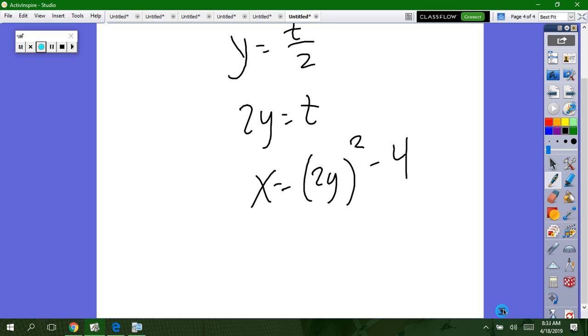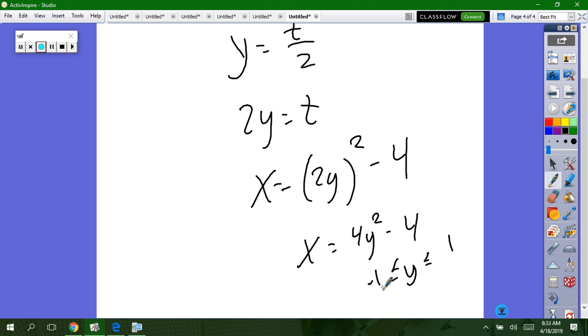So that would be x equals 4y squared minus 4, where you might want to say that y is between 1 and -1. Why did I put that? Because those are the only values I can plug in, to keep it the same as what we have. That's why we want to always think about our range, right?